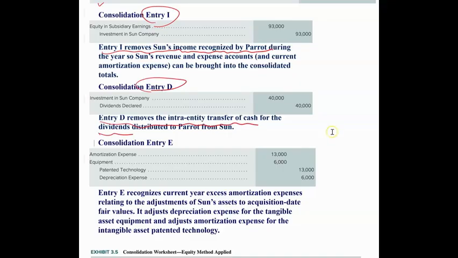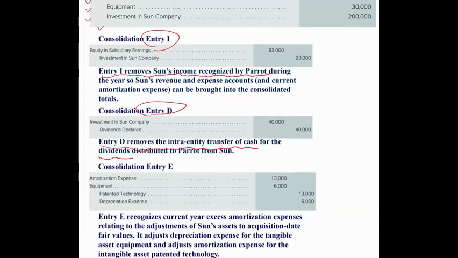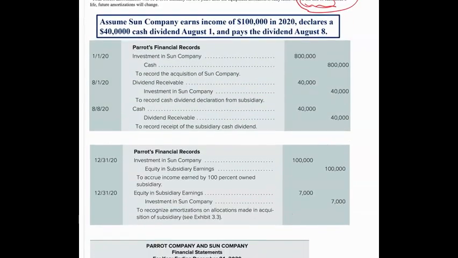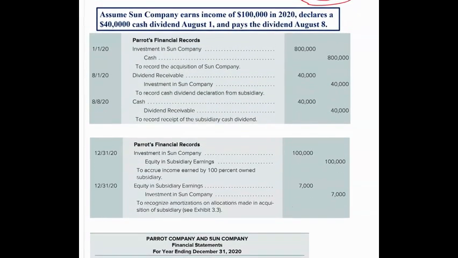And let's go back to the journal entries that the parent company recognized during the year. Okay, so we introduced those entries during the year. When the dividend is declared and the parent company recognizes this journal entry, we use entry D to reverse this one: a debit to investment in subsidiary and a credit to dividend.